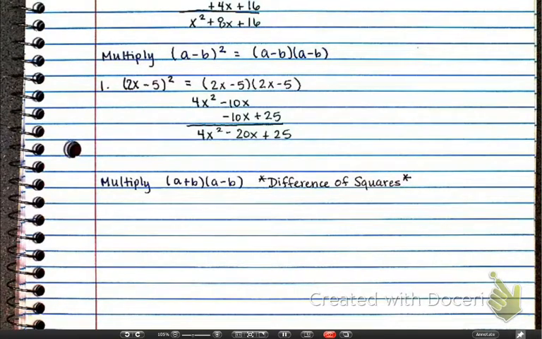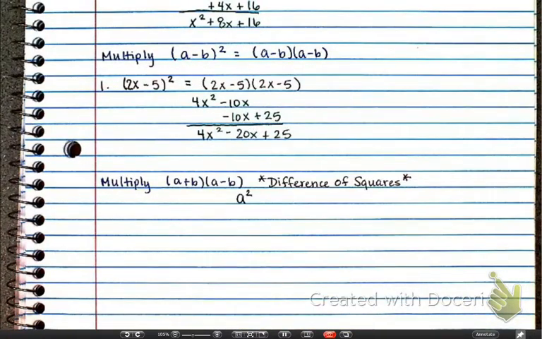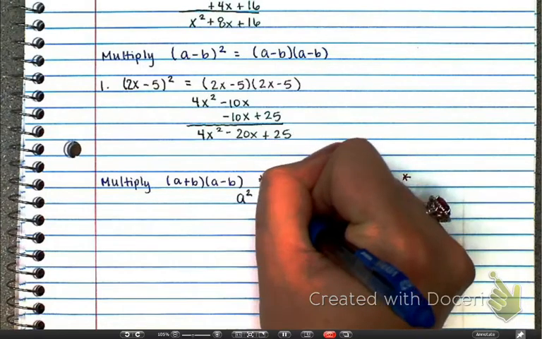And this one takes the least amount of work. Your answer will be a squared, so whatever a is, it could be a variable, it can be a number. So a squared minus whatever b squared is.